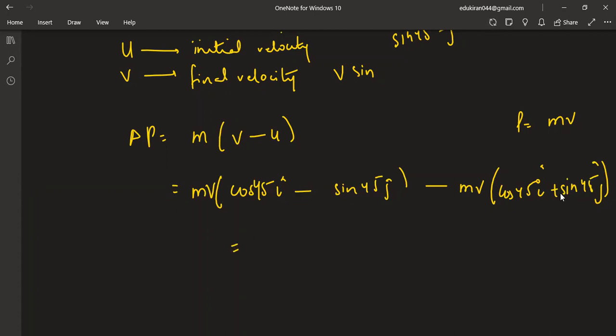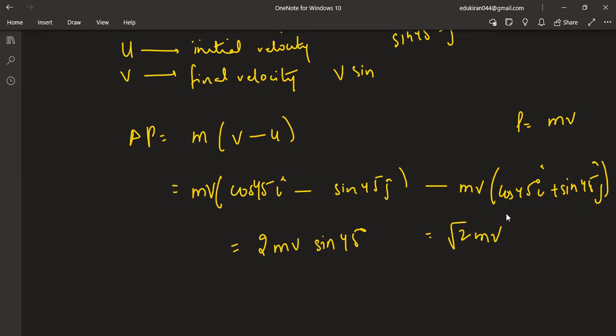Instead of writing this also, terms will get cancelled basically. Or you can see it like this: 2mv sine 45 will remain because cos will get cancelled and only sine will remain. So that is root 2 mv.